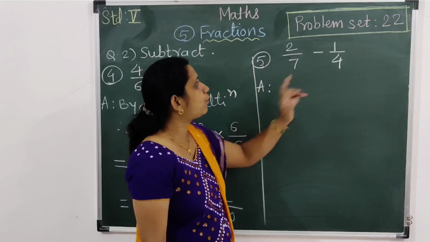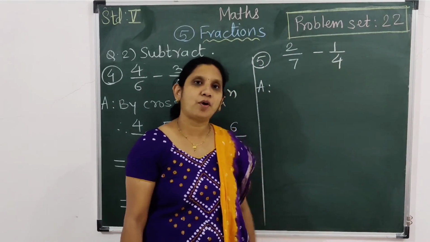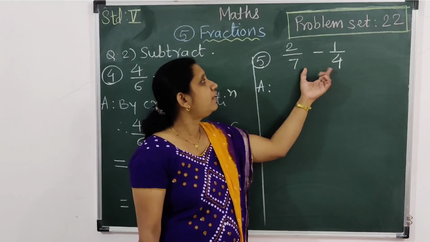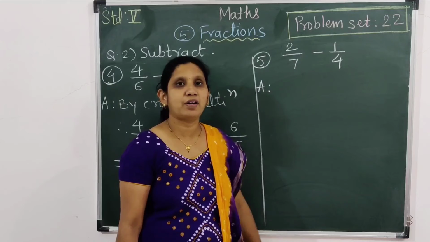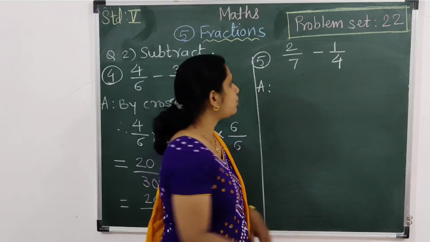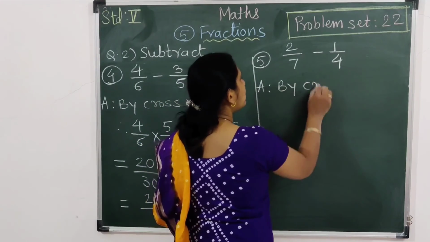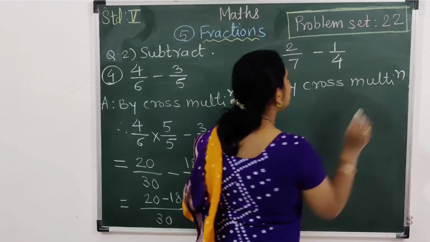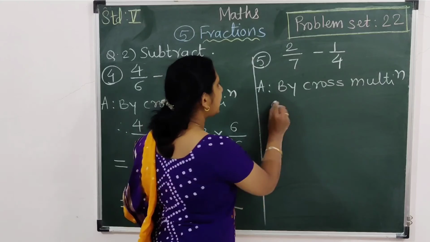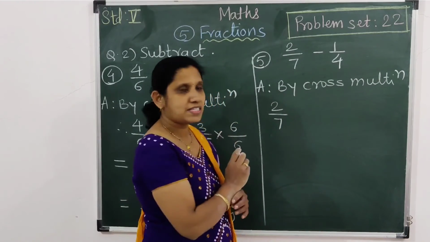Fractions are given: 2 upon 7 minus 1 upon 4. Here, if you look at the denominators, you will come to know none of the denominators is a multiple of the other. So, same procedure by cross multiplication. So, let us write the first fraction 2 upon 7.